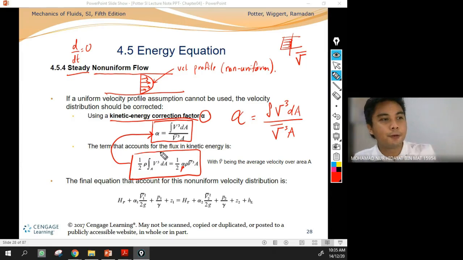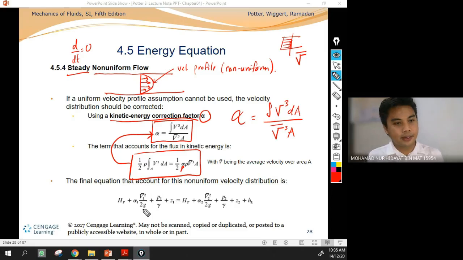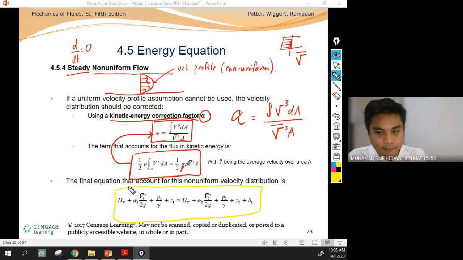And if you have the energy equation, remember that this is your energy equation, the one that I showed you the derivation for. This is the head of the pump. It is positive. This is the head of turbine. Previously it was negative; we transfer to the other side, so it becomes positive. This is the correction factor for velocity profile 1, and this is the correction factor for velocity profile 2.